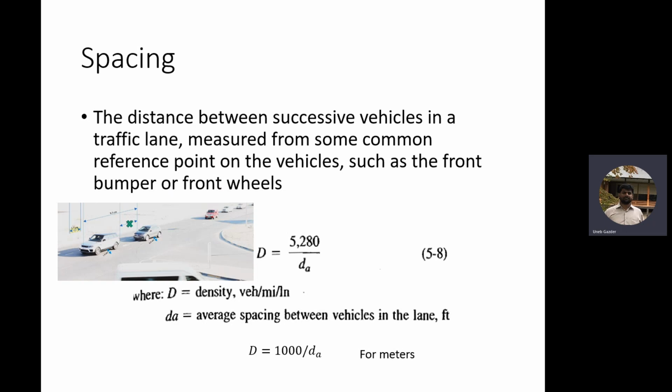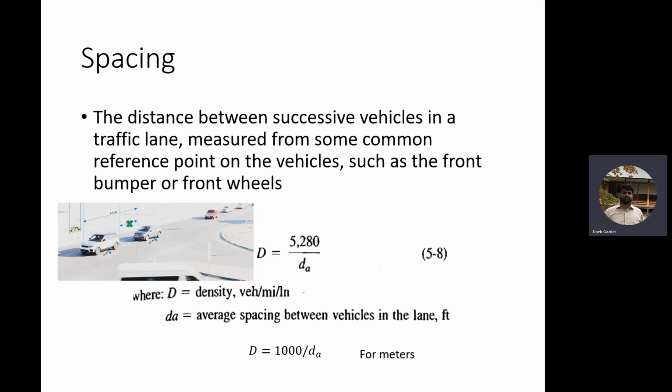Mile in meters. Kilometer. Kilometer. You see, keep the same units. So if you measure the spacing in meters, you will measure density in kilometers, vehicles per kilometer. If you measure the spacing in feet, the density will be in vehicles per mile. Yeah? Okay?